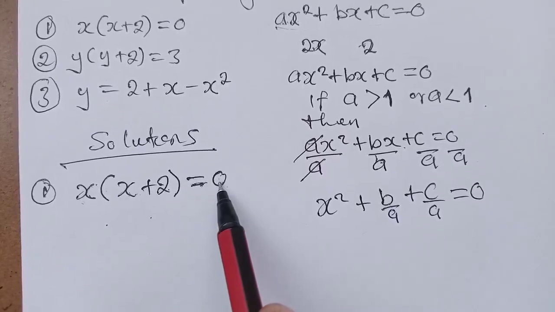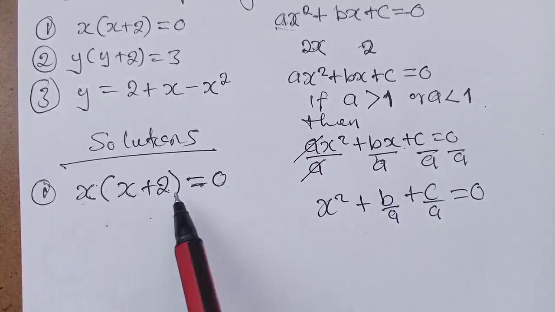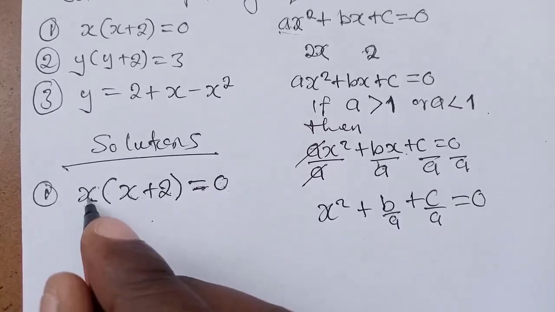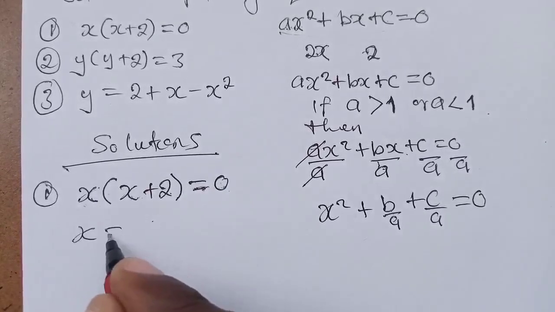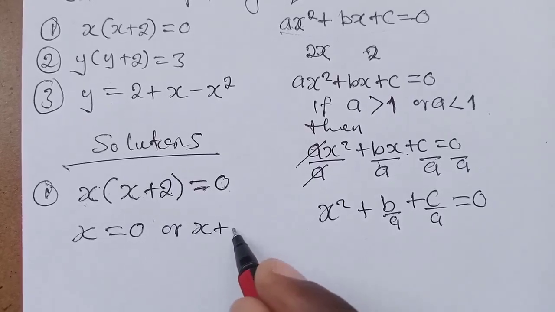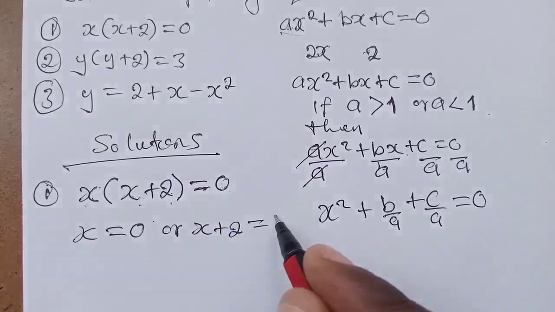But if you find that it is equal to 0, then definitely you have to do this. You're going to equate x to 0, so it will be x is equal to 0, or x plus 2 is equal to 0.